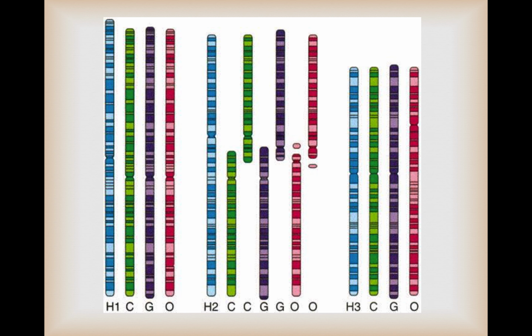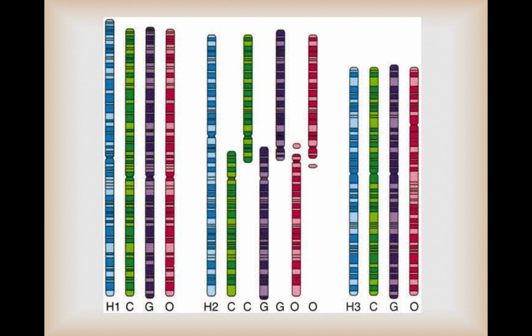So H stands for human, us. C stands for, anyone can guess? Okay, never mind. G and O. G is basically for gorilla. O is for orangutan. So C, I'll leave it for you to guess. And for those of you who want to guess, we can discuss on Tuesday.